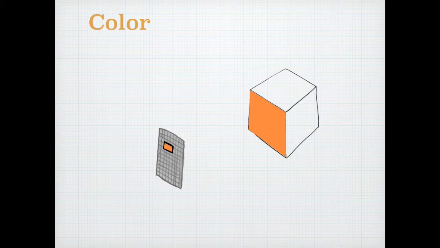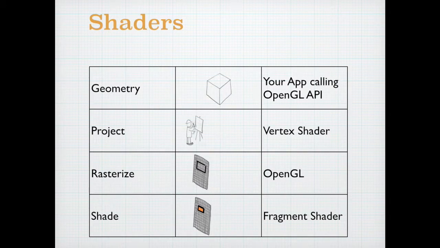So of these four things that happen, you first call OpenGL C API calls to set up the geometry. After you call draw arrays, OpenGL will project all the vertices using your vertex shader. Then OpenGL will rasterize it. It does it on its own. You don't worry about that. It just happens. And then for every single pixel on the screen, it's going to run your fragment shader.